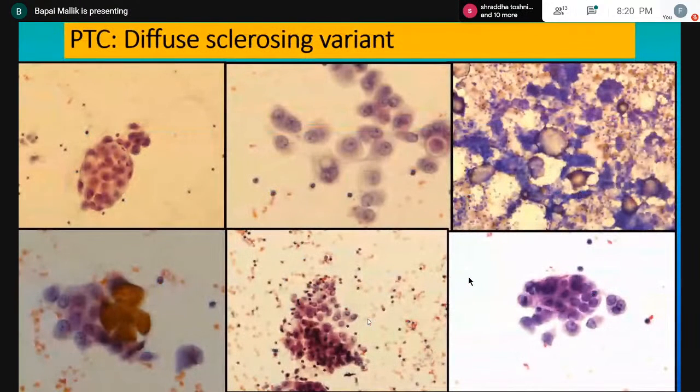This is one case we saw, and that was way back in 1999, right? And we have that particular slide in our departmental archives, and we keep going back to that. But this is what I was talking about. You see this? This is not a kind of morphology that you usually associate with papillary thyroid carcinoma. Look at this, a nice ball of cells, and the cytoplasm is clear.